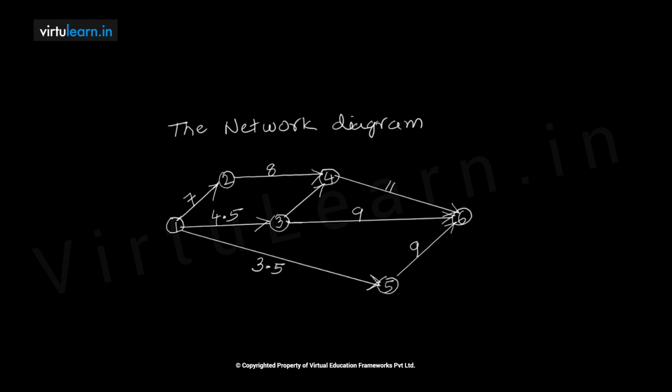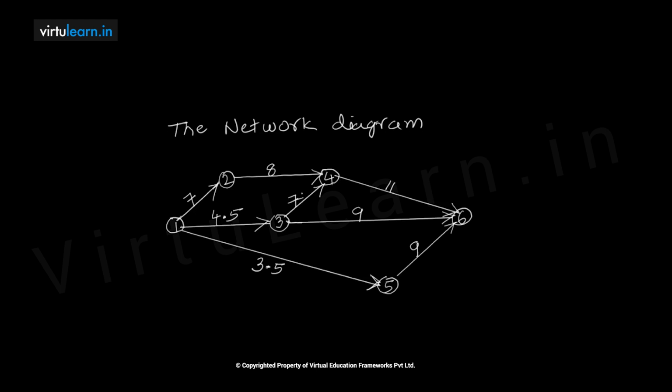In case of 1, 3, 4, 6, it is 4.5 and 3 to 4 it is 7, so 4.5 plus 7 is 11.5, plus 11, 22.5.